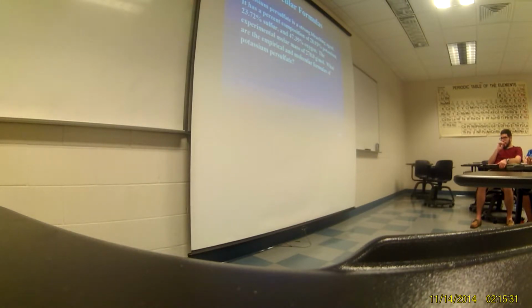We've got 28.93 grams potassium, 17 grams sulfur, 27.3 grams oxygen. What is the mass of potassium? 39.1.